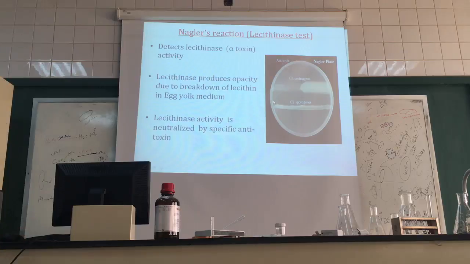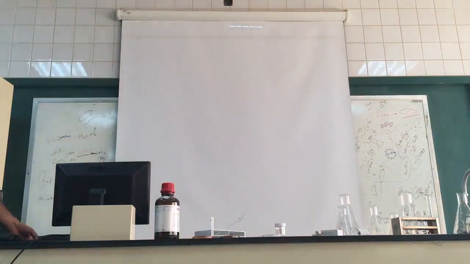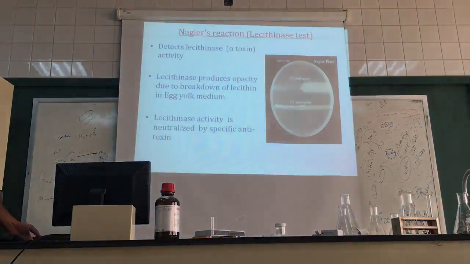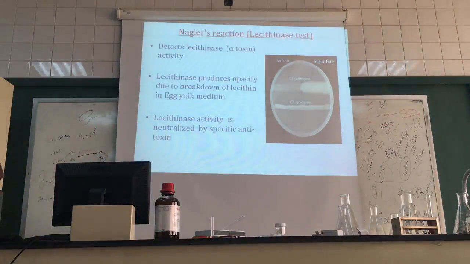When bacteria produce the lecithinase, the antitoxin will block it, right? It will block it and there will be just simple growth, but there will be no activity of lecithinase, no effect of this toxin. Fine? Understood? It is the time to go home and relax.